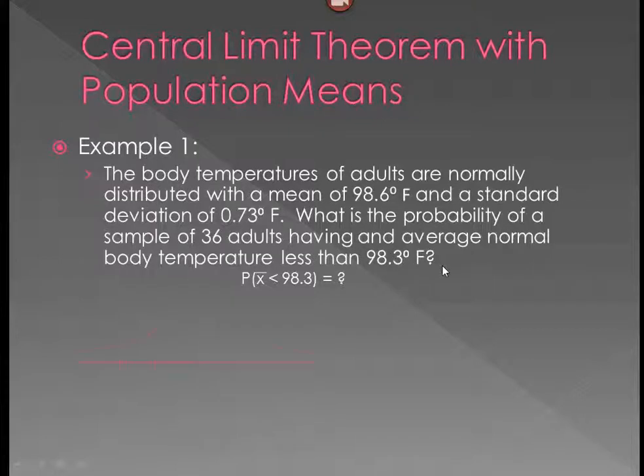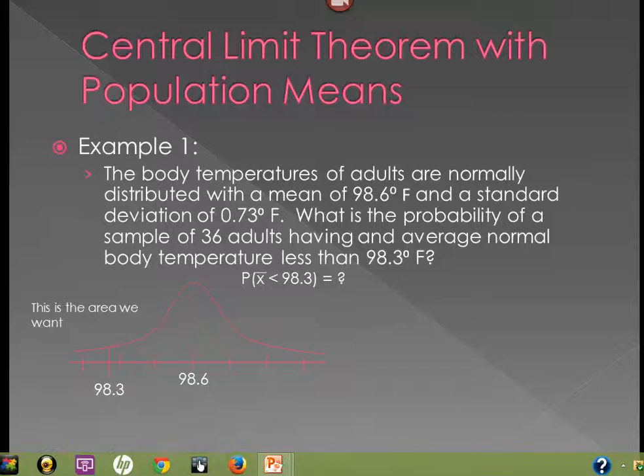So first of all, here's a picture of our population numbers. And actually, remember that the population has a mean of 98.6. So as we picture the sampling distribution of samples of 36 adults, we can get an idea that 98.3 is going to be somewhere here on the left.